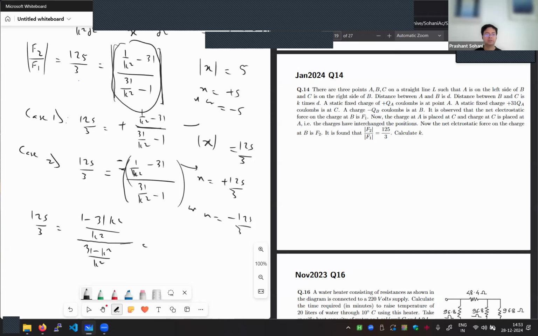So if you take the reciprocal of the denominator and put it above, this will be just 1 minus 31 k square upon 31 minus k square. Okay, so this is equal to 125 upon 3.